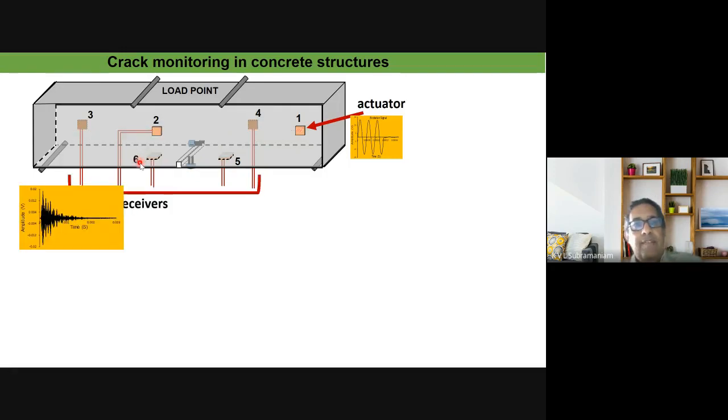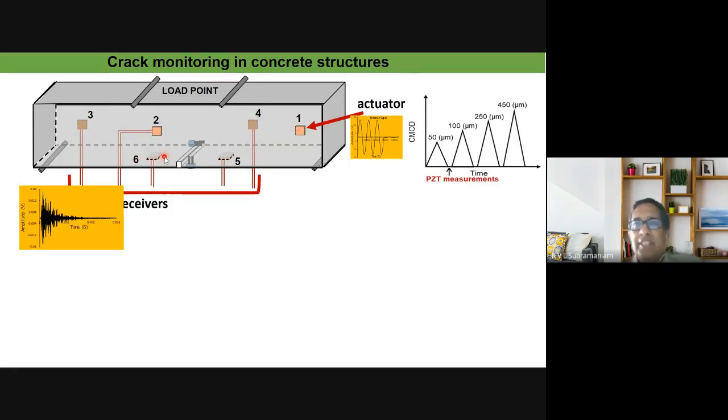So here we have, like I said, one actuator, multiple receivers, and we have the setup where we are very carefully controlling the crack as it's forming in this beam, because we wanted to see if we could track this crack during its formation from its inception, that is from the sub-micron level range of crack opening.